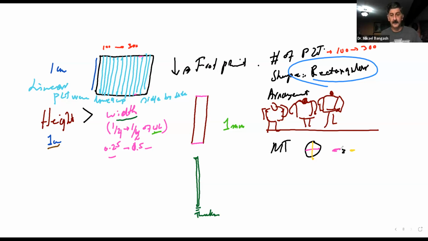Likewise, when we say the annular phased array transducer, any PCC that we took, the width of this PCC is still going to be equal to the height.